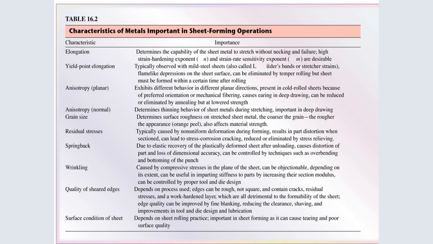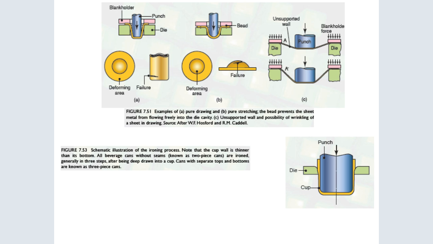They depend on the process used. The edge can be rough, not square, and contain cracks. So the residual stress and the work-hardened layer are all detrimental to the formability of the sheet edges. And then finally we have the surface condition of the sheet. So you can see, let me save this.